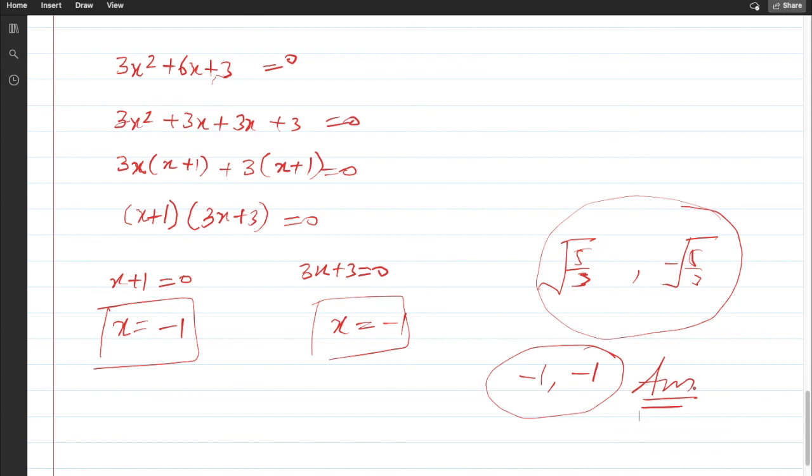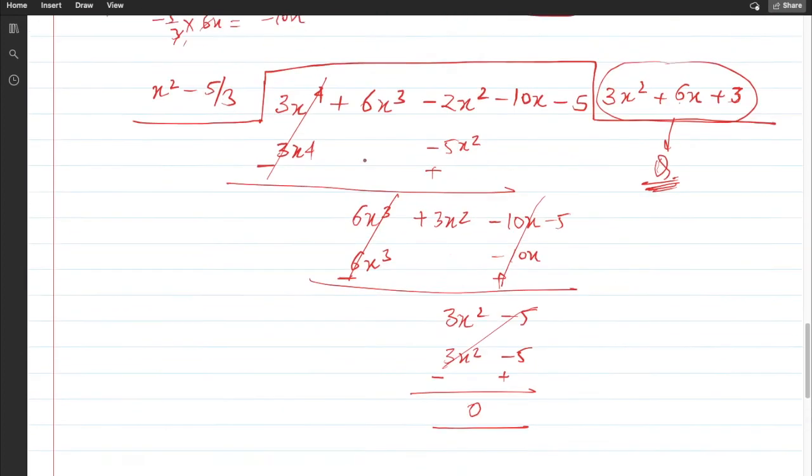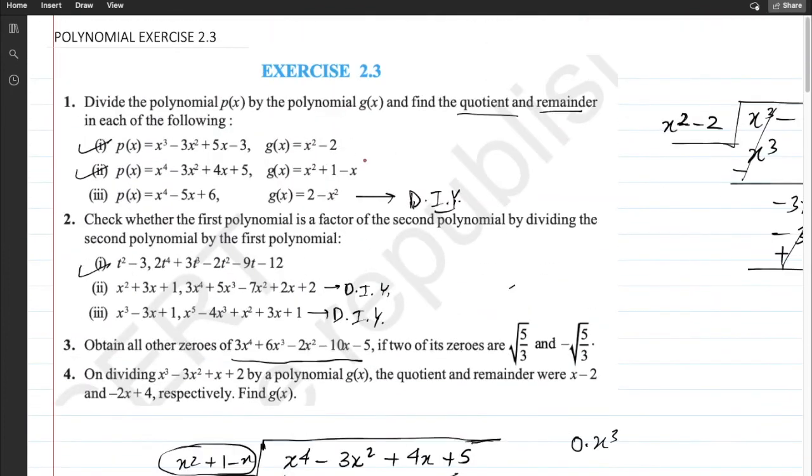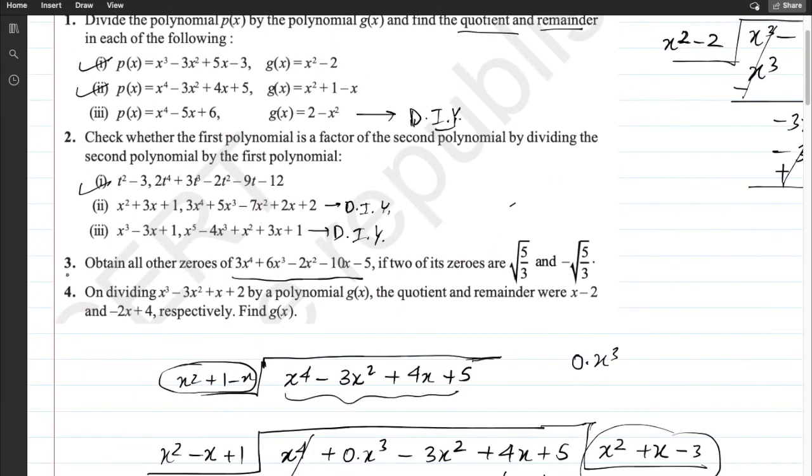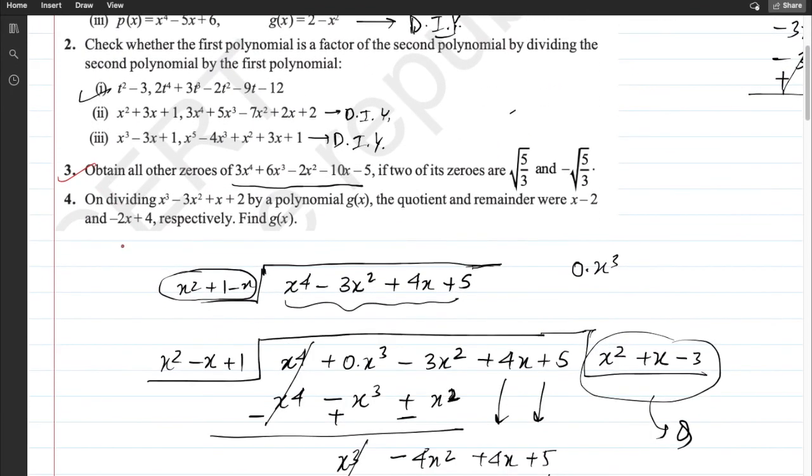Alright, so now let's check the last question of this exercise. Yeah, we have done the question number 3 also. The question number 4 is on dividing this expression or this polynomial by a polynomial gx. Alright, the quotient and remainders were this and this.